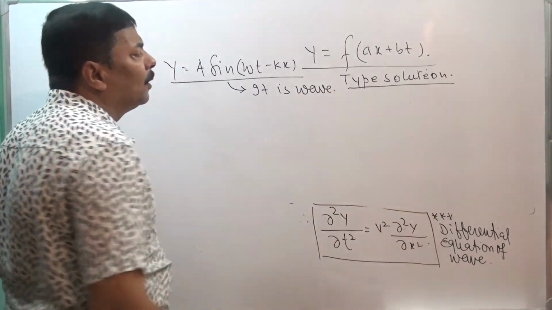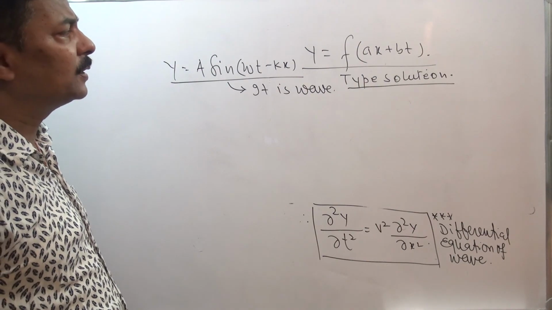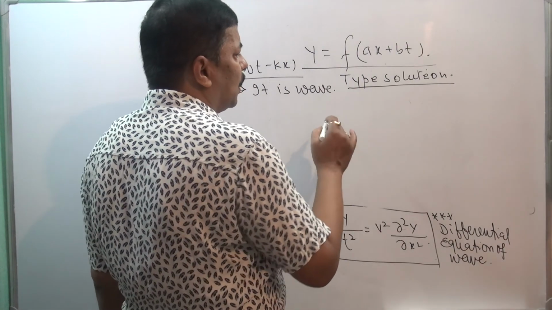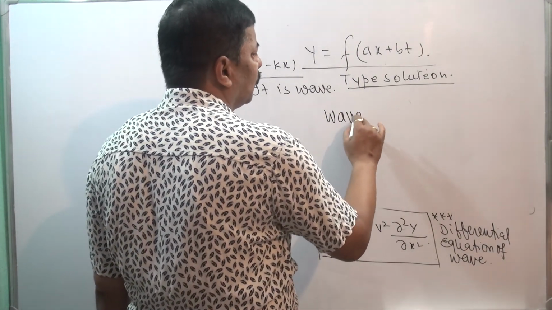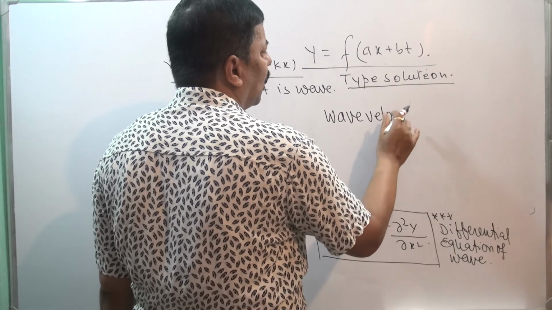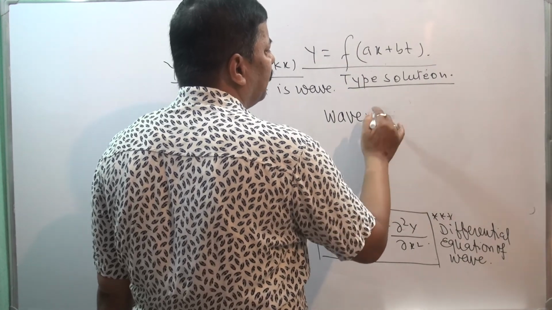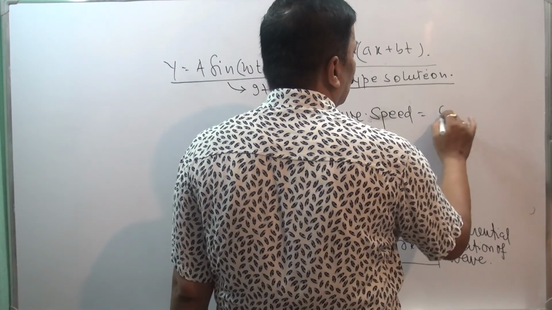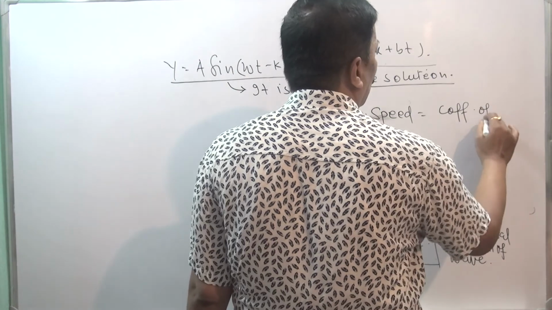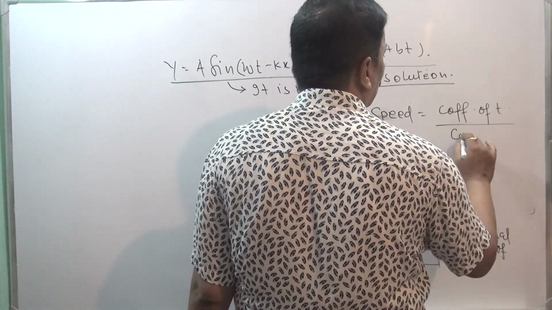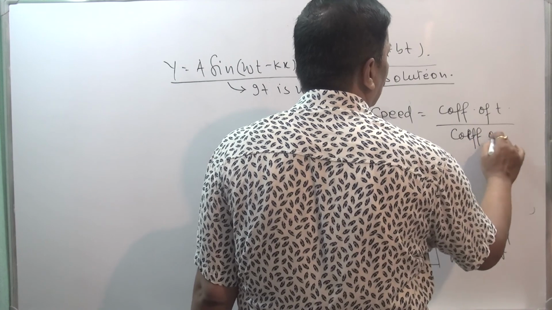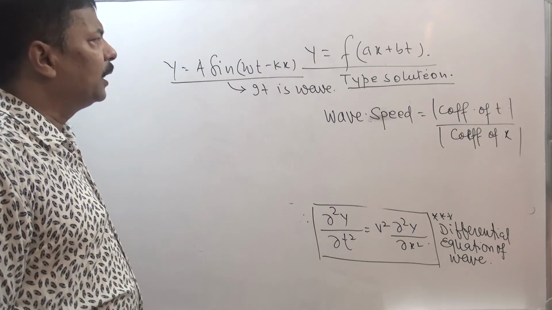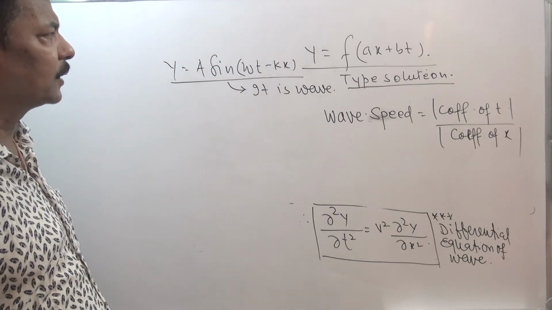You can say one more important aspect about this: the wave velocity, or better you say wave speed, in this relation is the coefficient of t by the coefficient of x, in magnitude.